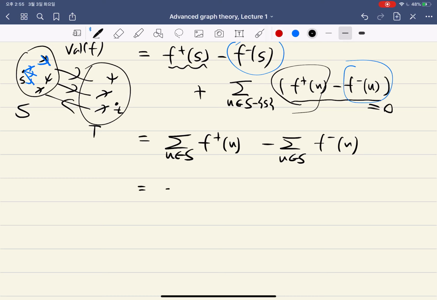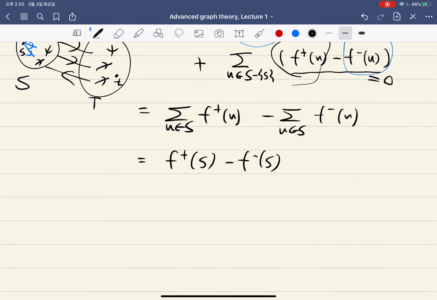Then this is the same as f plus of S minus f minus of S. And what's f plus of S? It's the edges from S to outside.